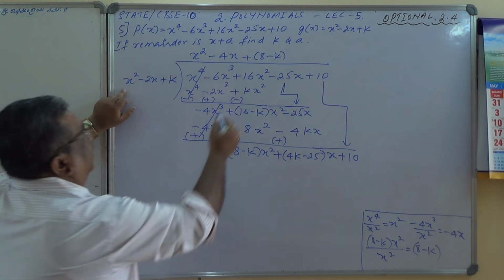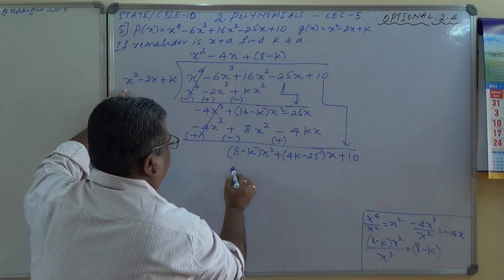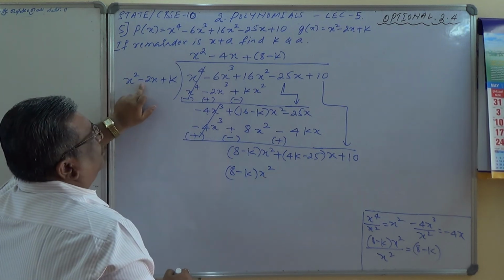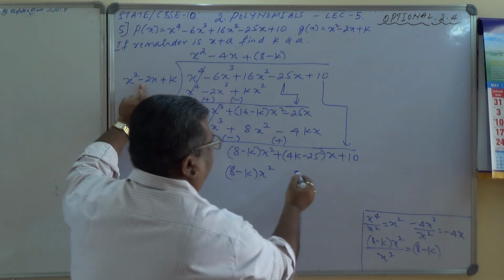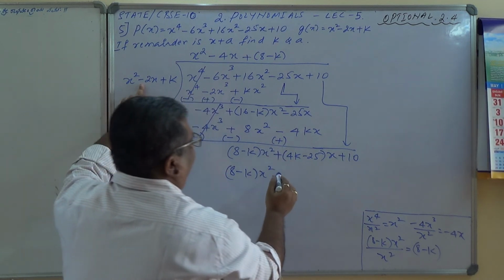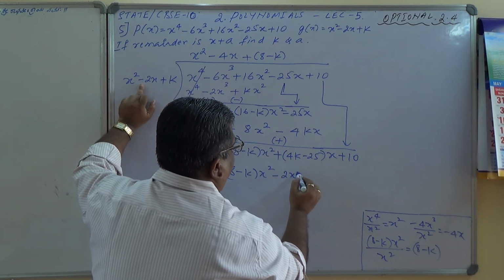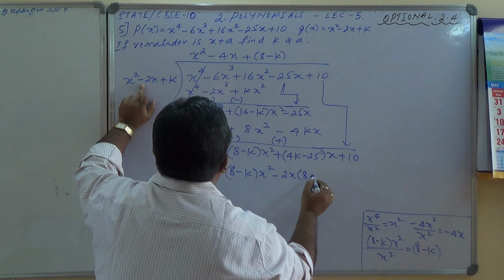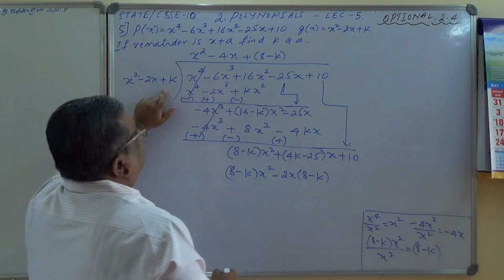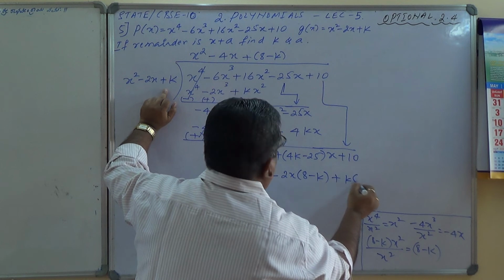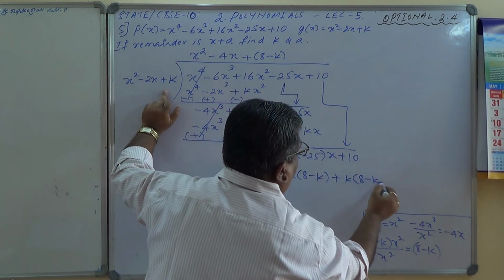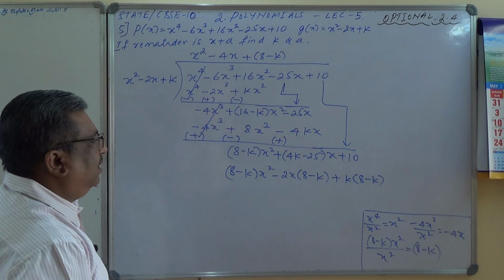Check now. 8 minus k x square, minus 2x into 8 minus k, minus 2x into 8 minus k, plus k into 8 minus k. This is what I am getting, isn't it?